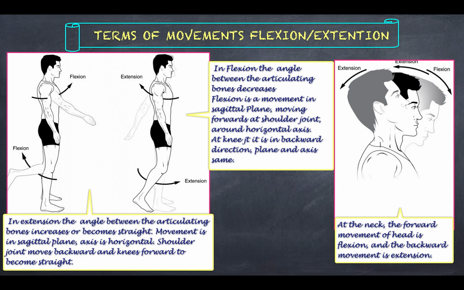So this is flexion of the elbow, but the knee is separate. In the knee we are taking the leg backward, but the angle is decreasing. First it is 180 degrees when we are standing, and when we flex it, it goes even to 90, and we can even take it upward to touch the trunk. This is extension. When we refer to the neck, forward is flexion and backward is extension.